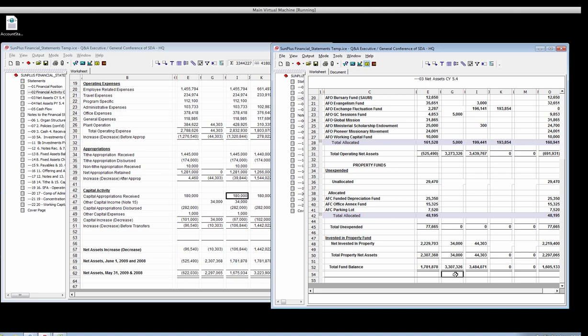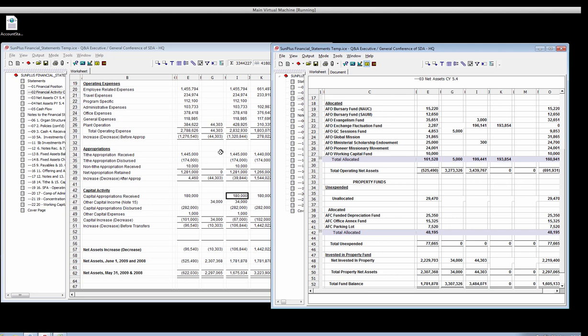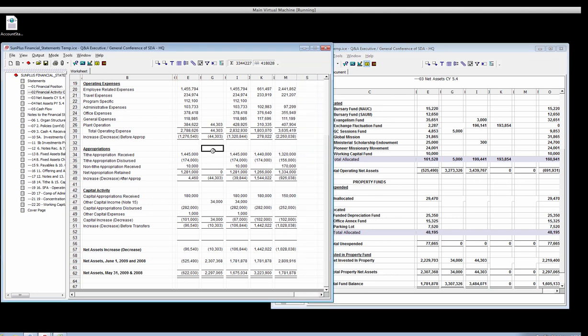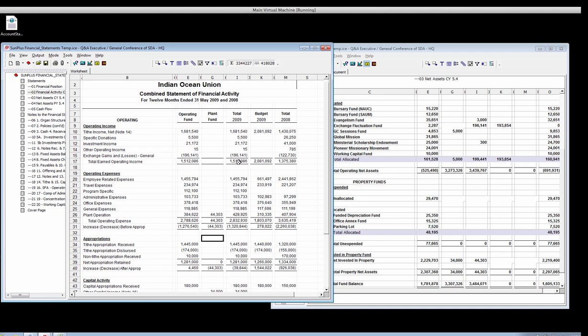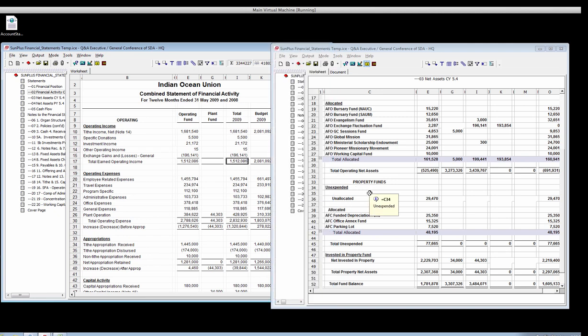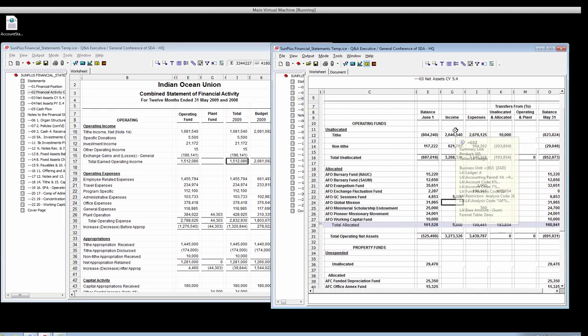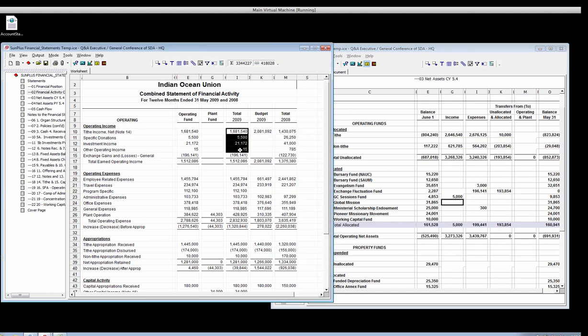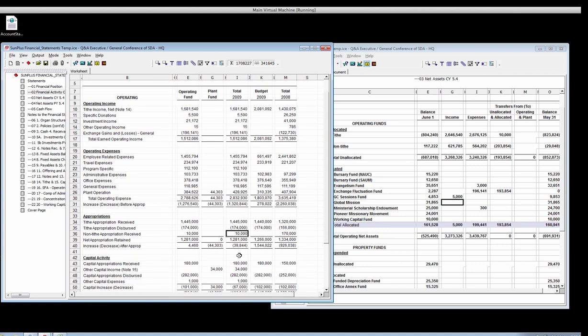Okay, and so now the next column is our income column, and it would be really great if all we had to do was come over here to our income on our income statement right here and pick it up. But the income in this column of our net assets includes all of the income over here, and this figure and that figure and any other income down here.